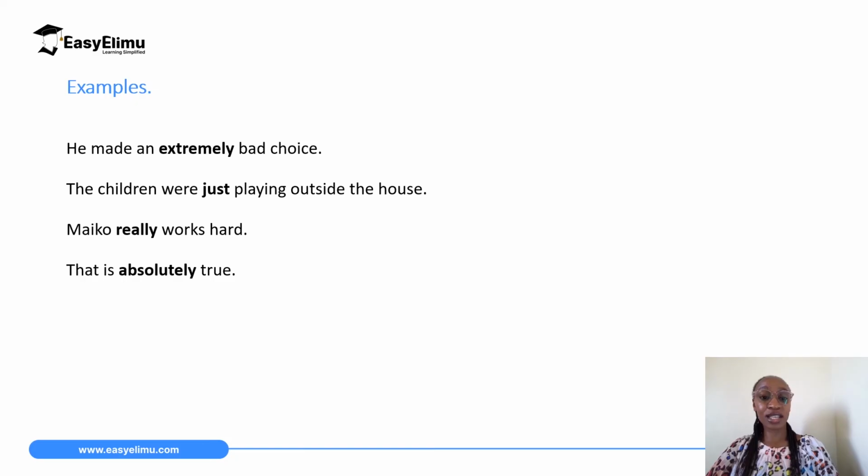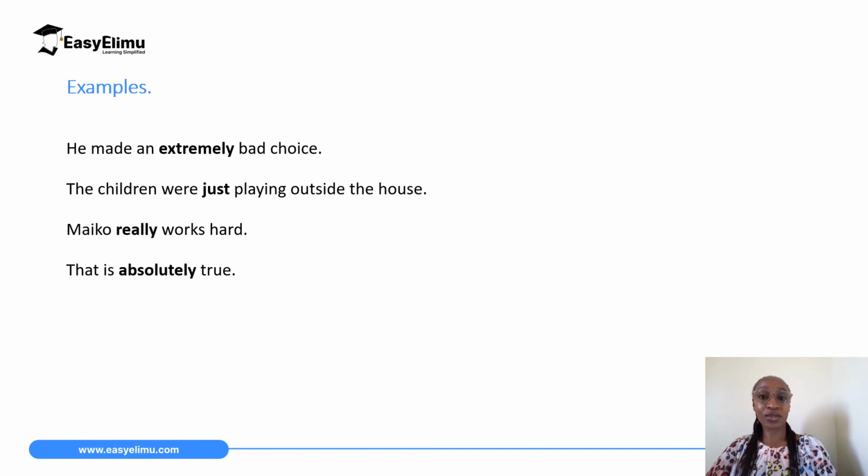The children were just playing outside the house. It would have been correct to say the children were playing outside the house. But for us to emphasize where exactly they were: just outside. So maybe they were at the doorstep, just outside. They were not far away. So just is an adverb of frequency. Michael really works hard.